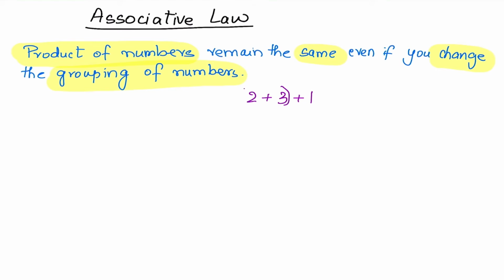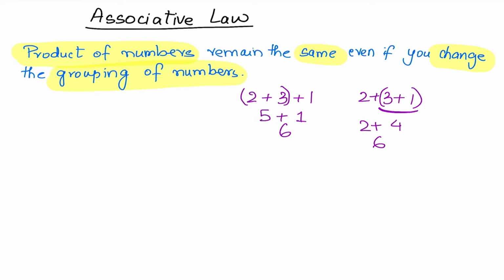You can either group 2 and 3 first, perform the addition of 2 and 3, so that 2 plus 3 is 5 and then 5 plus 1 is 6. Or what you can do is you can group 3 and 1. So you perform the addition of 3 plus 1 is 4, then you add 2 to the result. Then 2 plus 4 is 6.